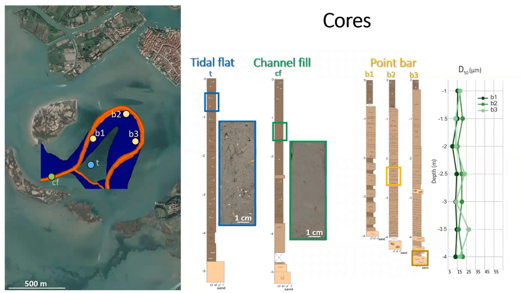Grain size analysis on point bar cores revealed that no relevant changes in grain size occur both vertically and along the channel bend, so along point bar 2.